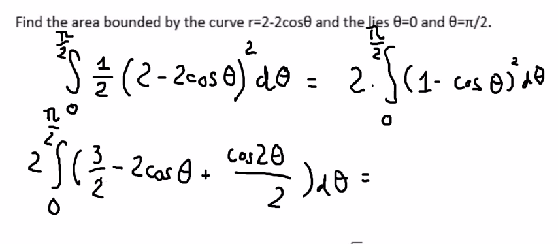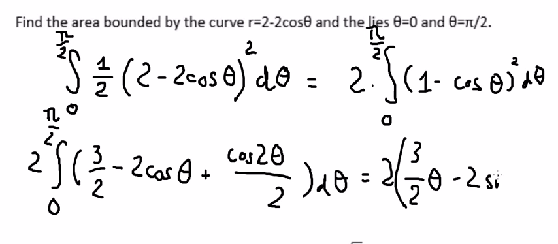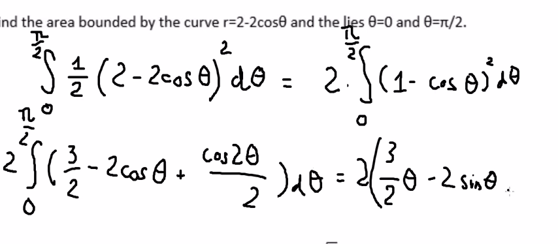The integral of 3 over 2, you got about theta. This one, you got about negative 2 sine theta. This one, you got about 1 over 4 sine 2 theta.